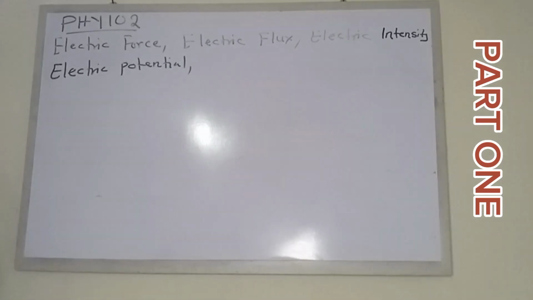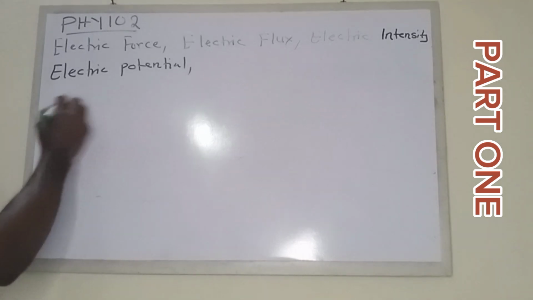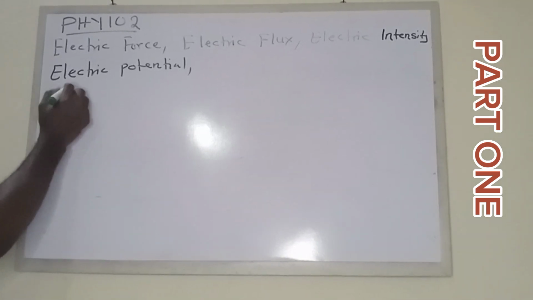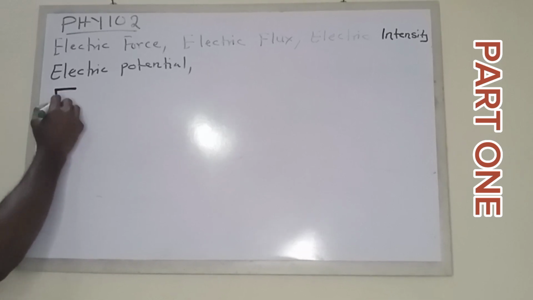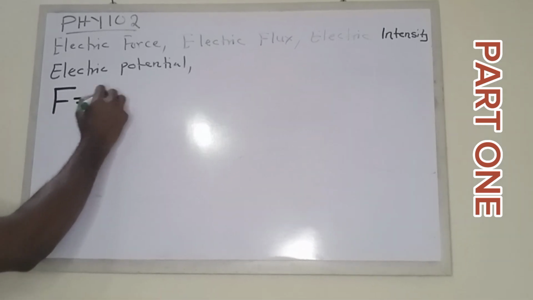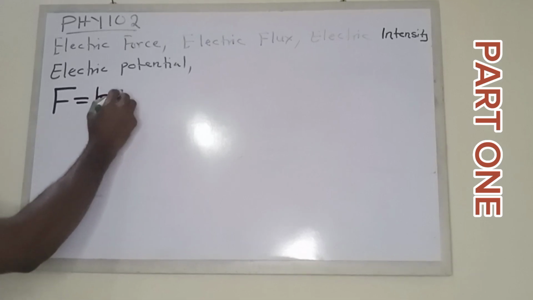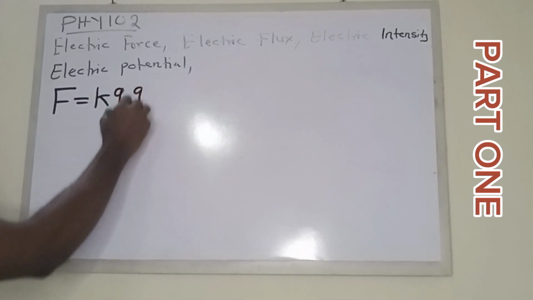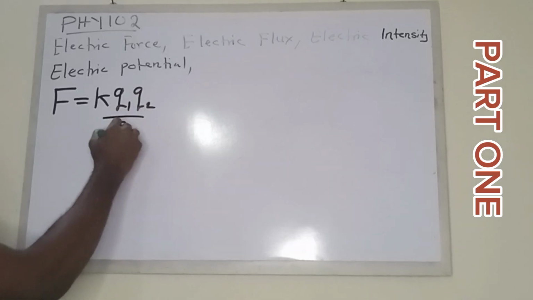Electric force of attraction or electric force of repulsion. And we know that this electric force of attraction or repulsion says that force is equal to K, which is a constant, Q1 Q2 over R squared.